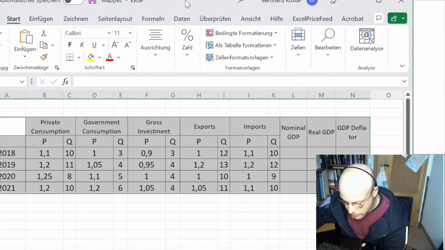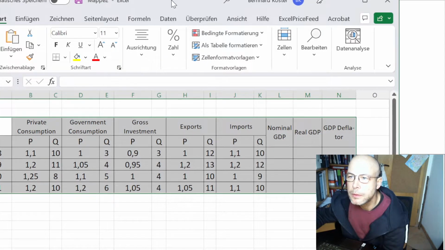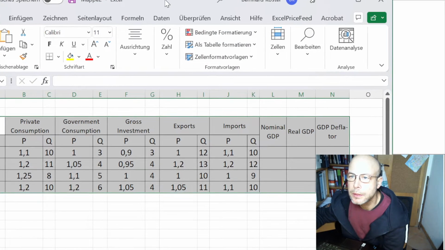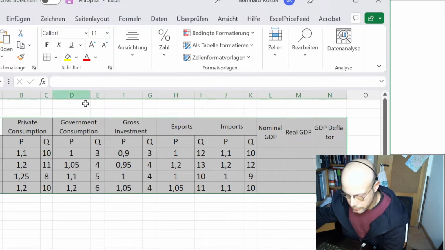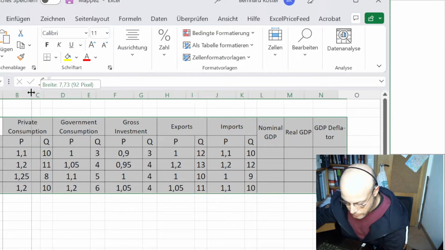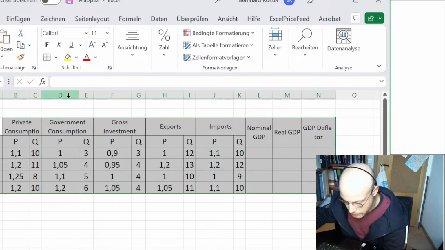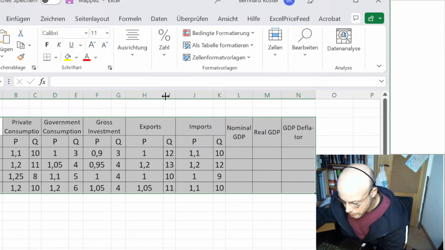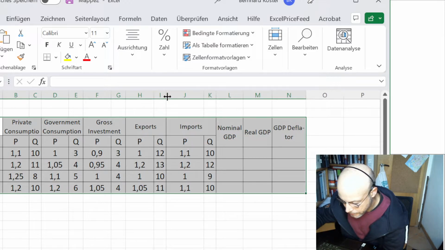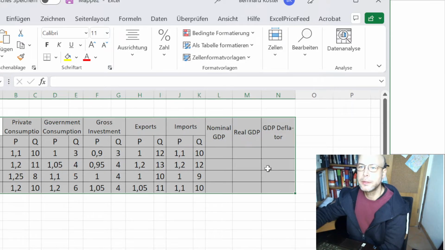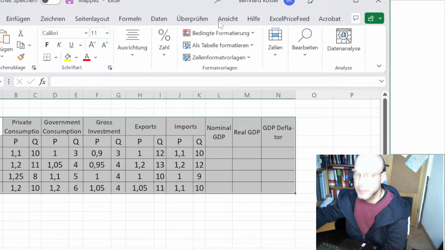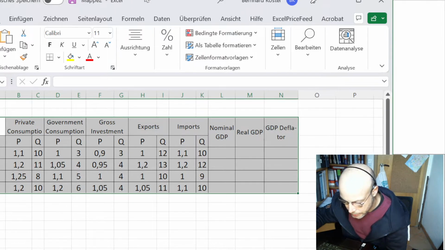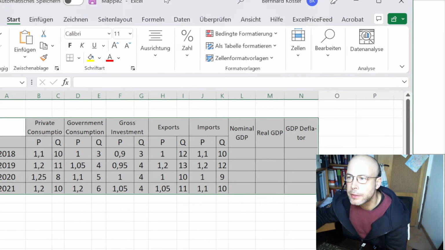So then let's go until here. And this we make also a bit smaller. And this one. And this one. This one. And this one. Now you see everything. Okay. And we can go back into also the years.